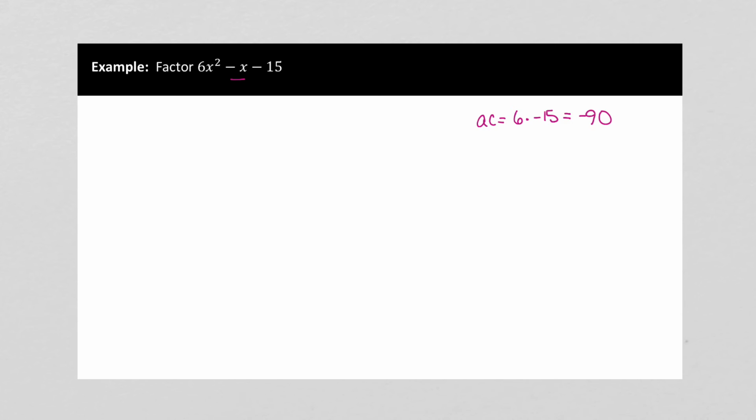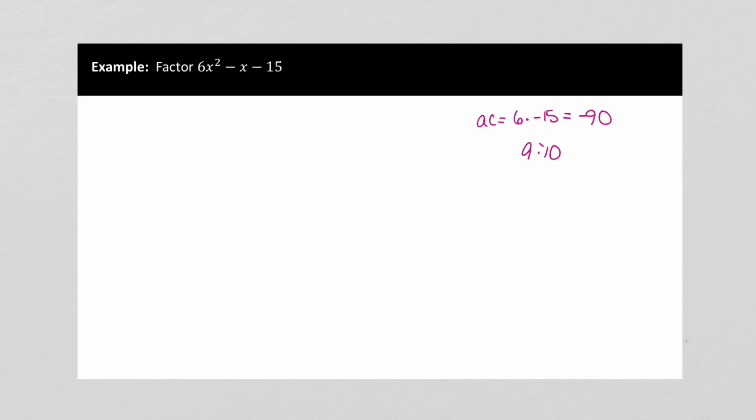So the only difference here is we're not asking what will multiply to give us this, but what will multiply to give us AC that'll add to give us B. Okay? So what will multiply to give us negative 90 that adds to give us negative 1? Well, 9 times 10 gives us 90. One of them needs to be negative, and we want a negative 1 when we add, so the bigger number needs to be negative.